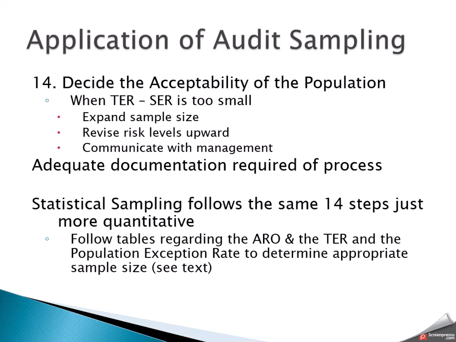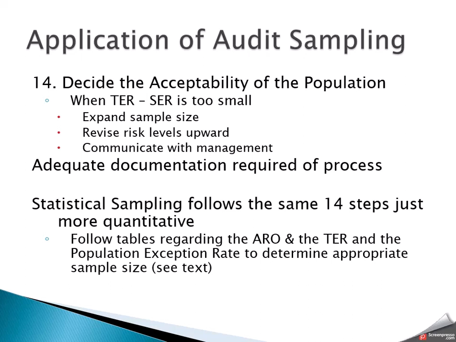And then we decide the acceptability of the population. If we have our TER, our tolerable exception rate, minus our SER, our sample exception rate, and that number is too small, we'll want to expand our sample size, or revise the risk levels to say maybe there is more risk involved with this, and communicate that to management.